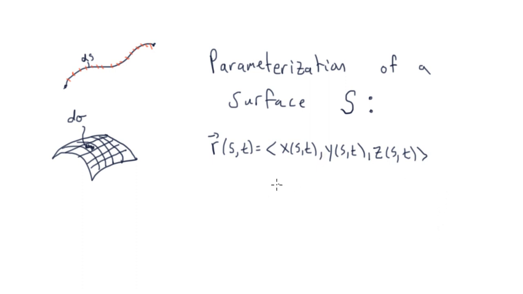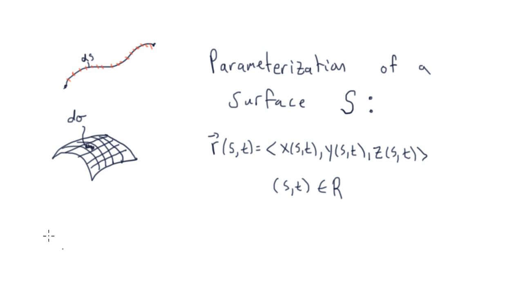And so s and t, these coordinate pairs, will live in some region inside the st plane. And so this will be a region that will act as our area region when we actually do the integration over the surface. But this is a typical parameterization of a surface.